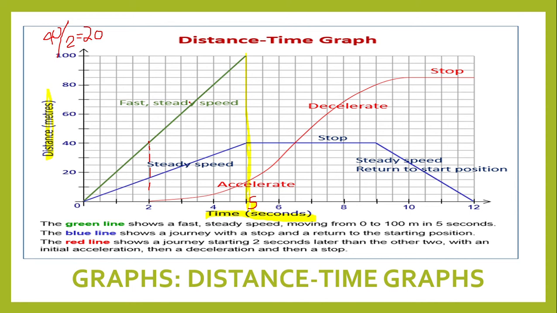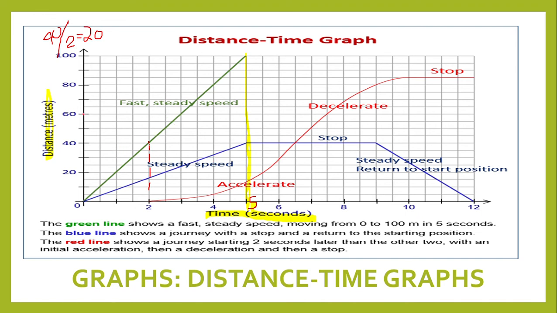The lines which are steeper and more towards the y-axis have a higher gradient. If we examine this green line and this blue line, I can see that the green line is more towards the y-axis than the blue line is.